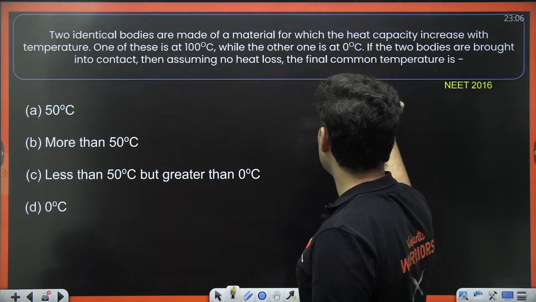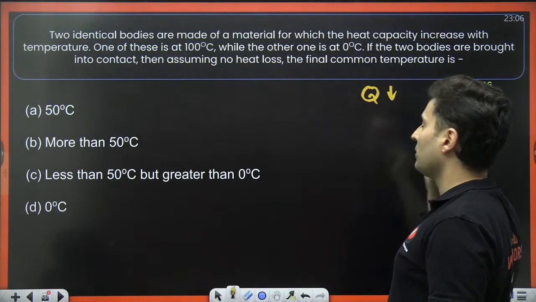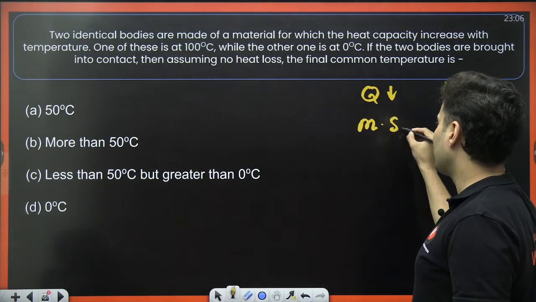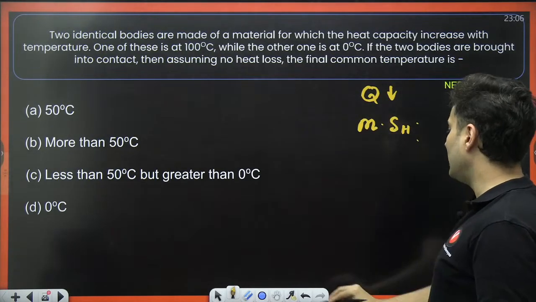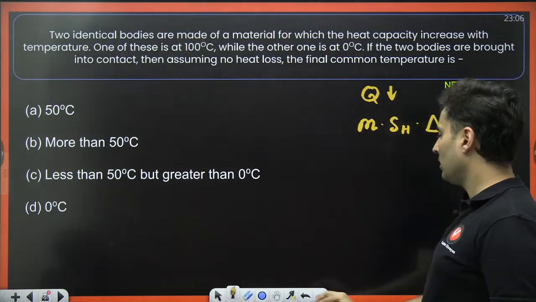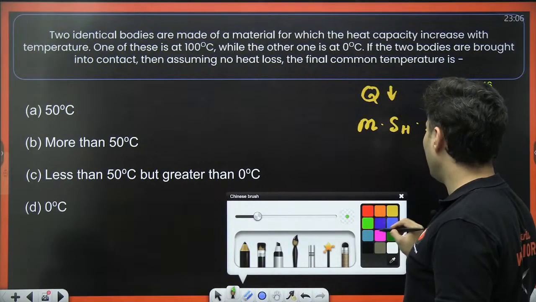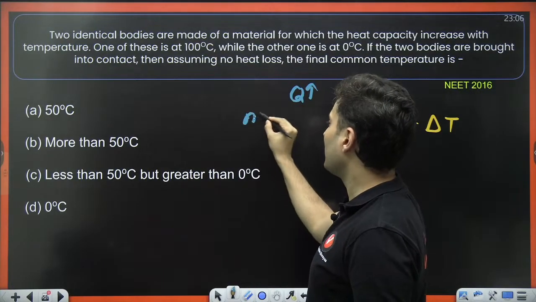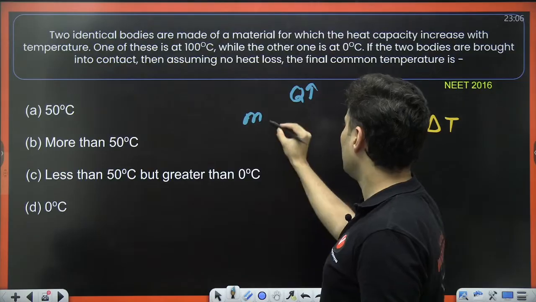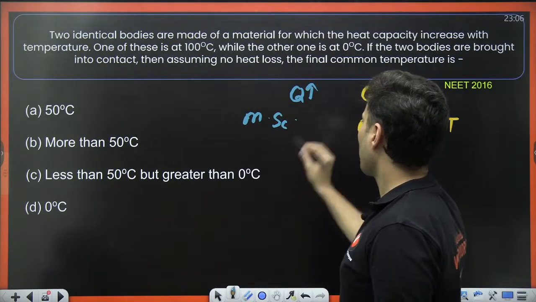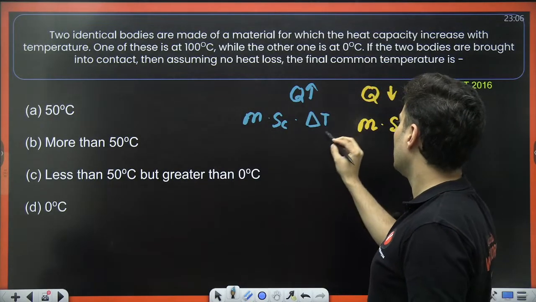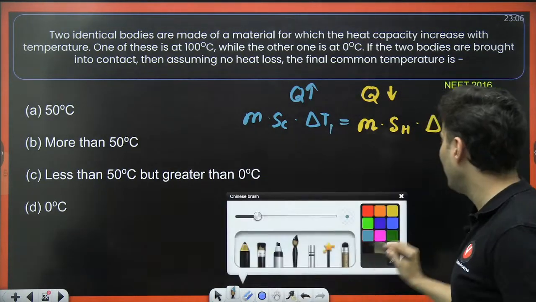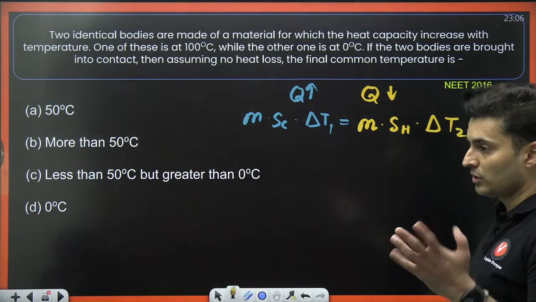The heat lost by the hotter one will be m S hot into delta T, and similarly the colder one will gain heat, with the same mass, into S of the colder one into delta T. Now I don't think these delta T's will be equal.